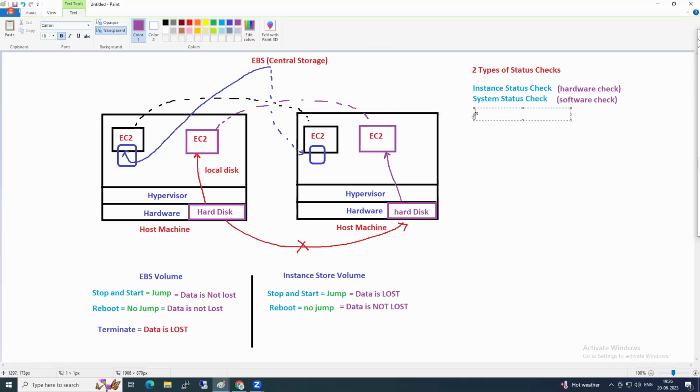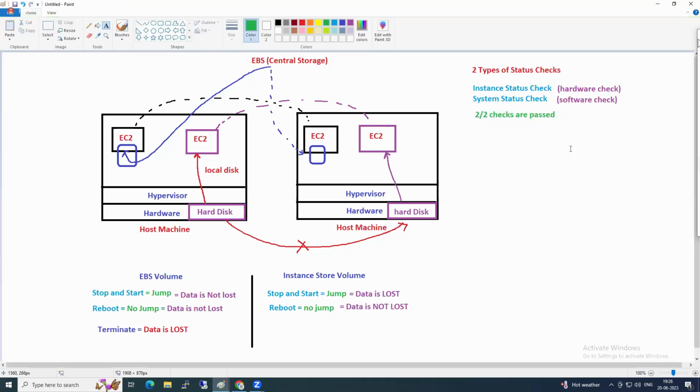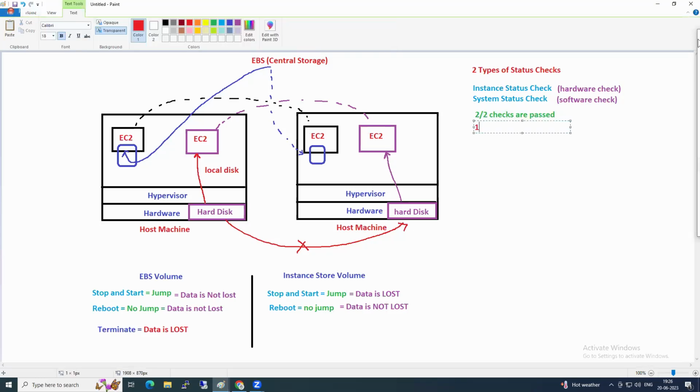Now tell me, if 2/2 checks are passed, then only are we able to log in, yes or no? If 1/2 checks are passed, will you be able to log in?